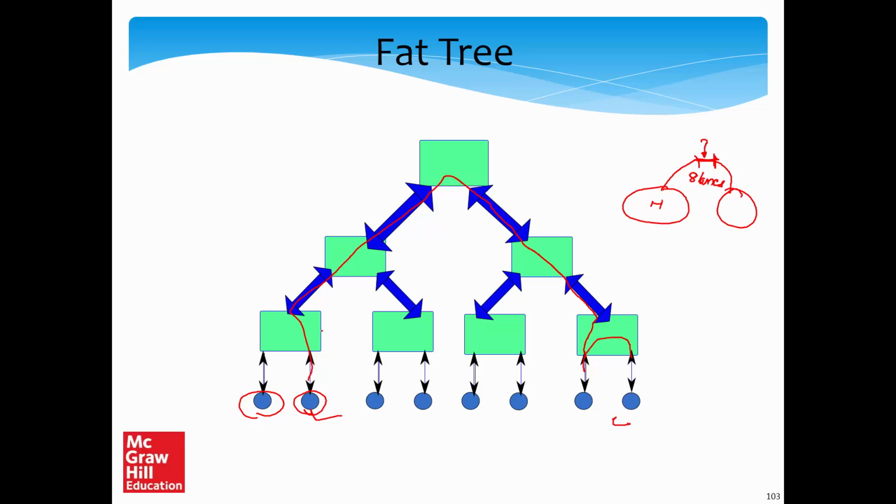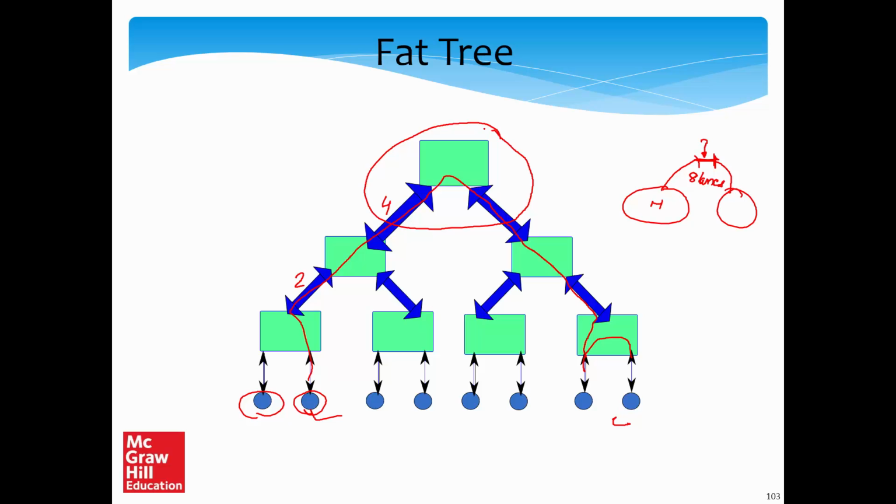These links are very narrow, but these links can take multiple requests in parallel and they get wider, which means maybe this link can carry 4 requests in parallel, and these links can carry 2 requests in parallel, to ensure that we don't have a lot of clogging at the top. That's the reason it's called a fat tree: towards the root, the links get wider, which means that they can carry more requests in parallel.